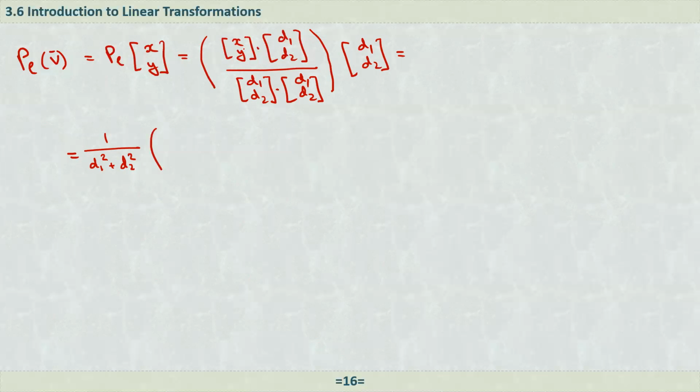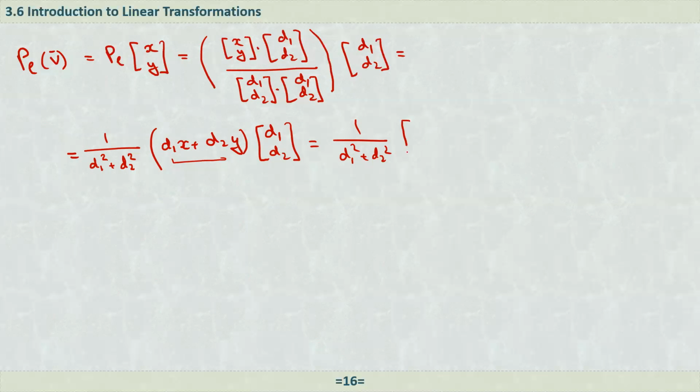And how about here? The dot product of two vectors: x times d1, so we have d1 x plus d2 y, and here we have vector d, that is d1 and d2. I still keep the denominator, d1 squared plus d2 squared. So this is a scalar, and we should multiply it by the vector, which means multiplying each component by the scalar.